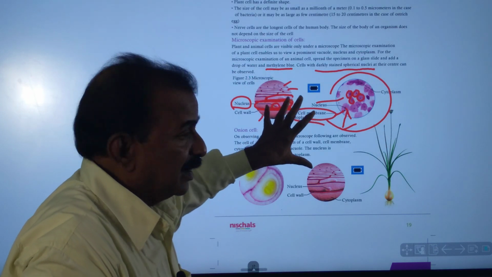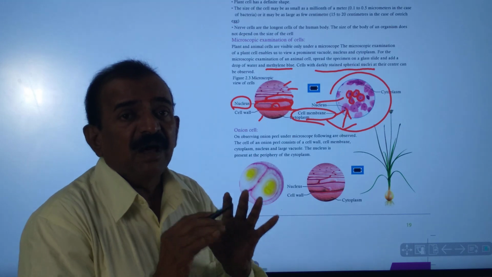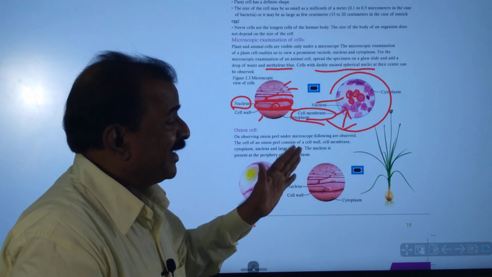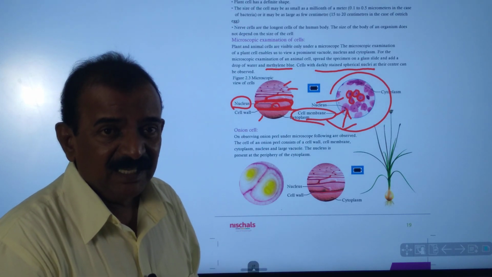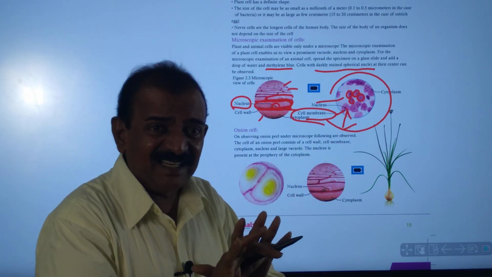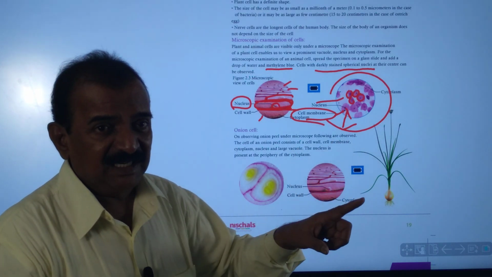So here we observed the onion peel cell and also the cheek cell. The onion peel cell is a plant cell, and it contains a cell wall, and the cheek cell does not have a cell wall. That is the difference between a plant cell and an animal cell.